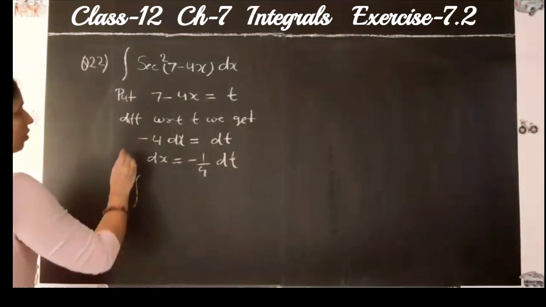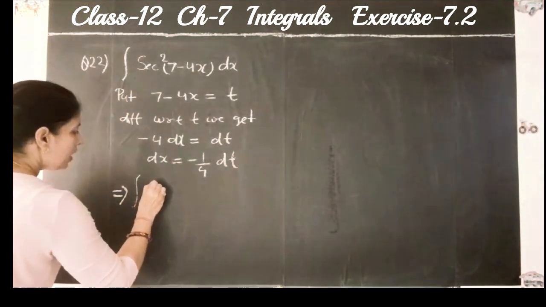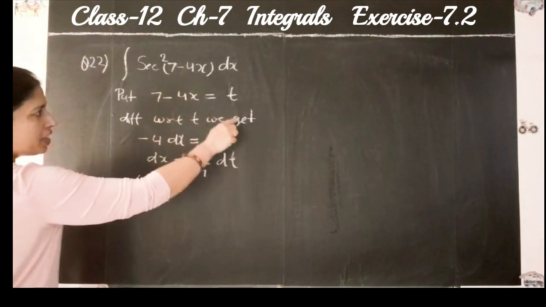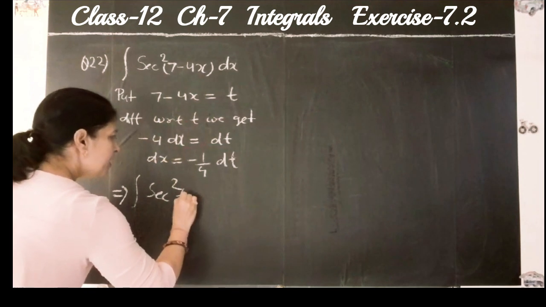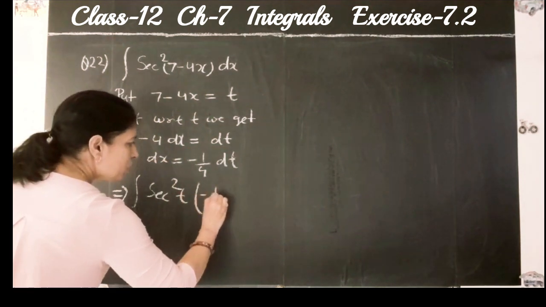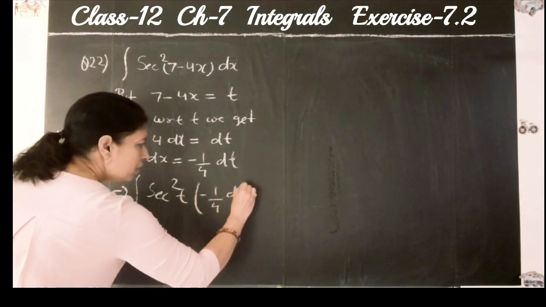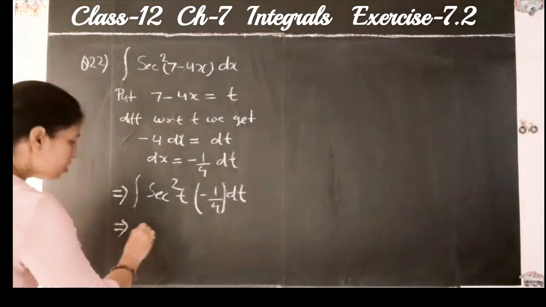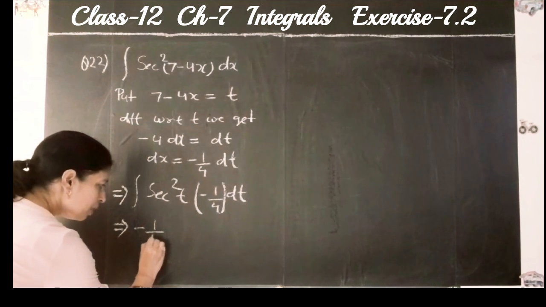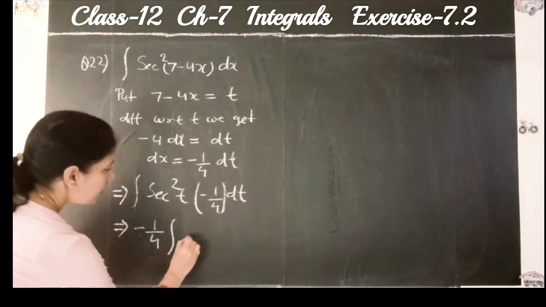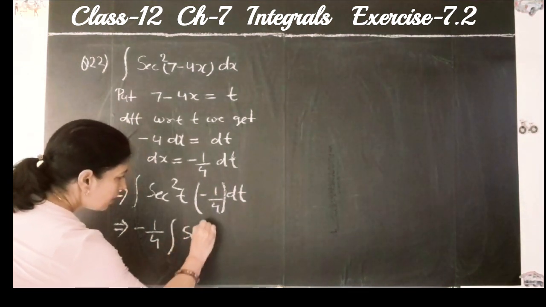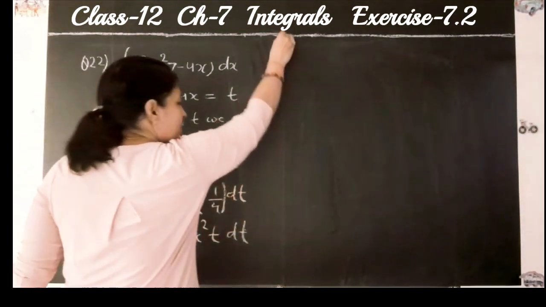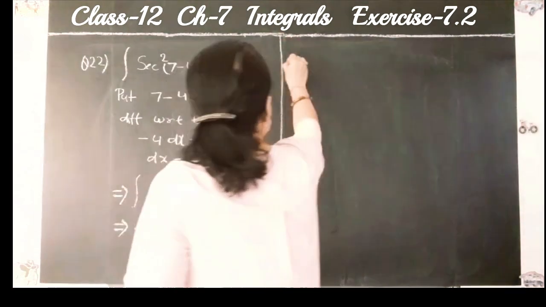So now our integral becomes, right here sec square 7 minus 4x is t, so sec square t, and right here minus 1 by 4 dt. This one is a constant, so write it here, minus 1 by 4 integral sec square t dt. Now this one is in standard form, so we can easily integrate.